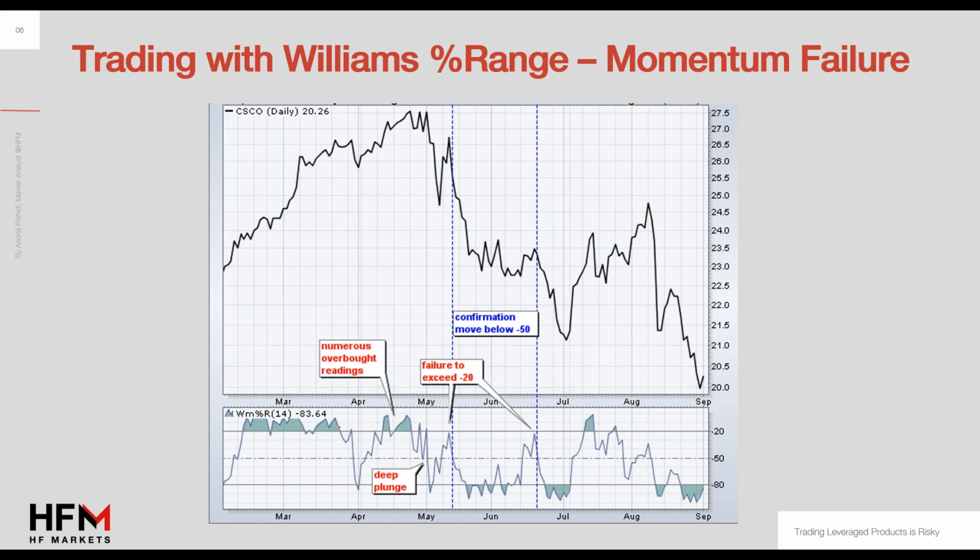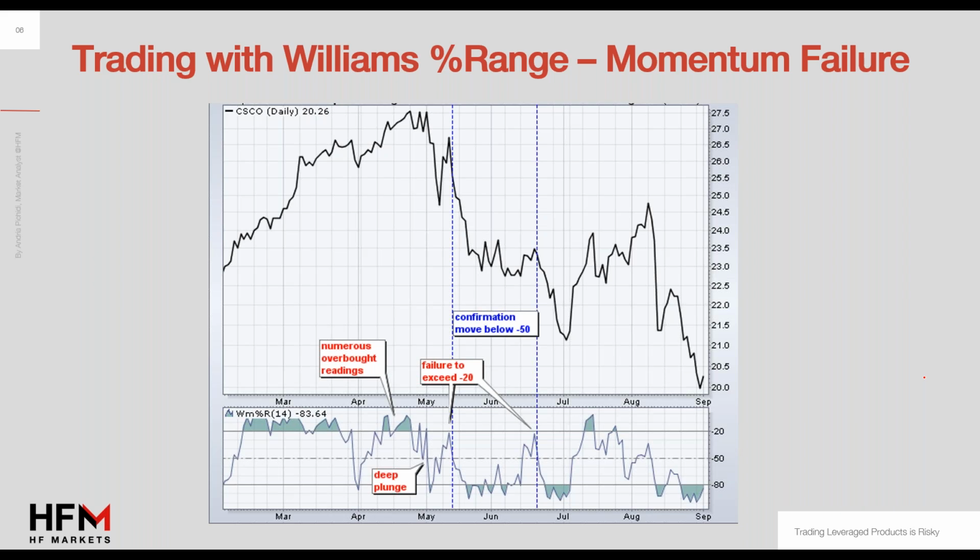If you want to use Williams for spotting a momentum failure, what do we mean by momentum failure? It is the failure to move back into overbought or oversold territory. This signals a change in momentum.